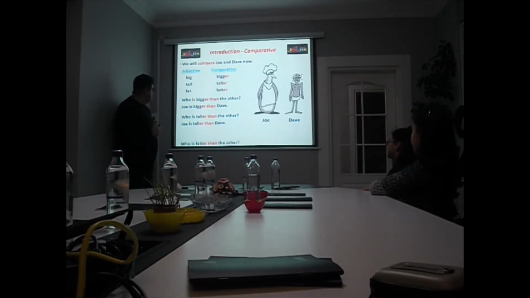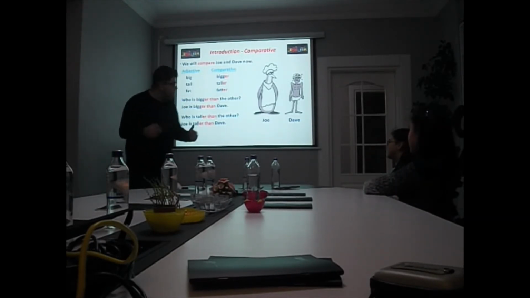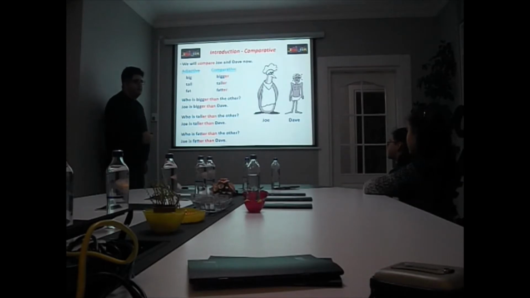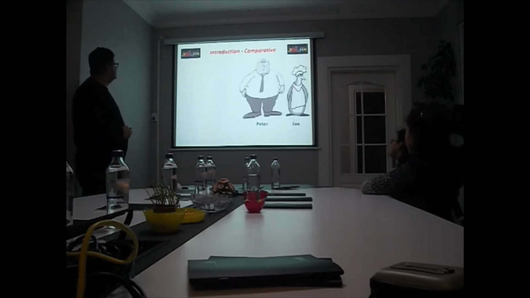Fatter. And the question, give me the question. Who is fatter than the other? Perfect. Who is fatter than the other between Joe and Dave? And the answer is? Joe is fatter than Dave.